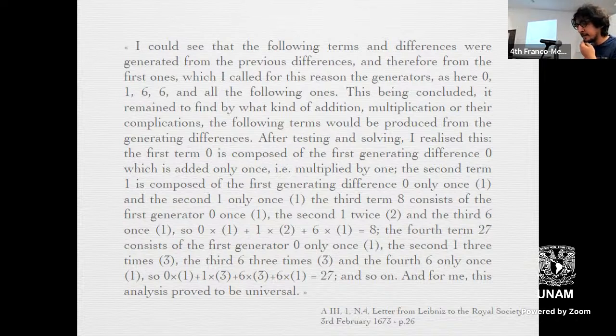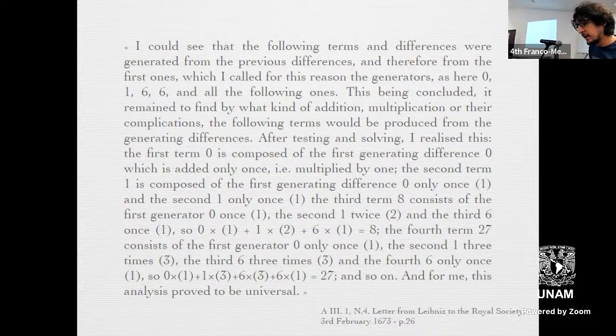Leibniz said that with the triangle of differences, you can generate the progression with the diagonal terms. And he called these diagonal terms generative terms, and to generate the terms of the progression with the generative terms, you have to use the combinatorial numbers.